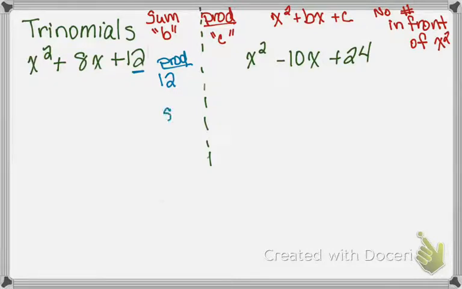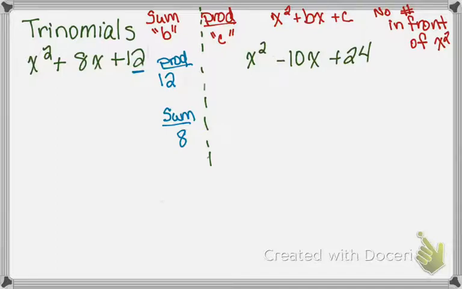What's my sum? 8. Okay? So I ask myself, what are 2 numbers multiplied together that give me 12 and added together give me 8? I'm looking for 2 numbers multiplied together give me 12 and added together give me 8.